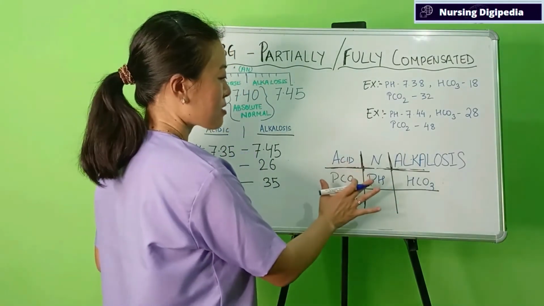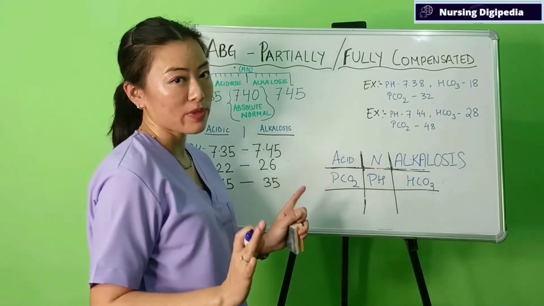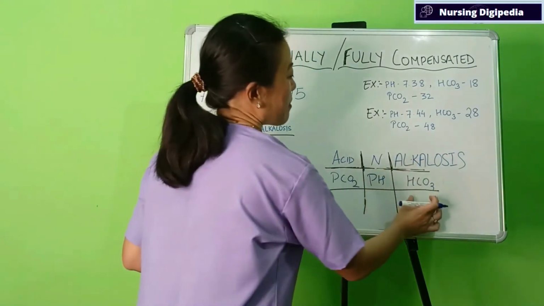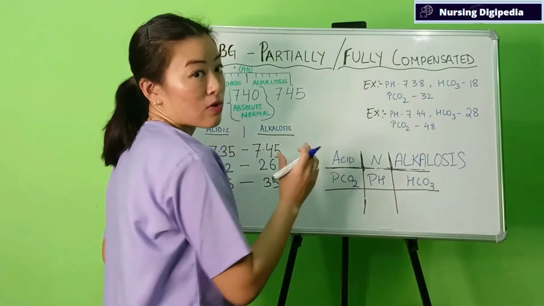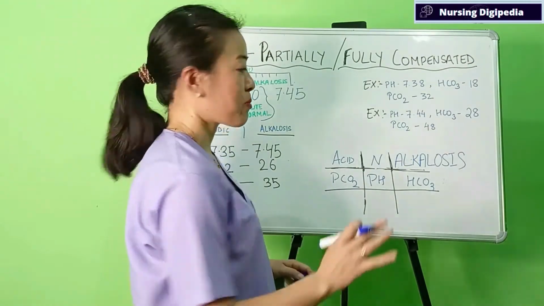By looking at this problem, we have pH normal, that means there is a full compensation going on, but we have to differentiate whether it is metabolic or respiratory. For this, we have to take the help of pH.